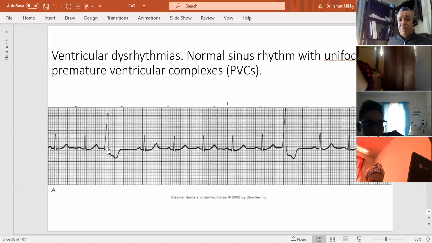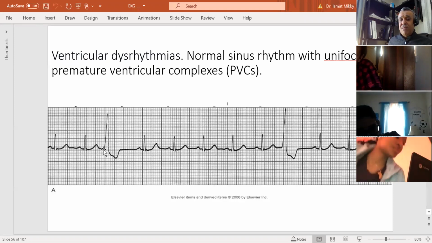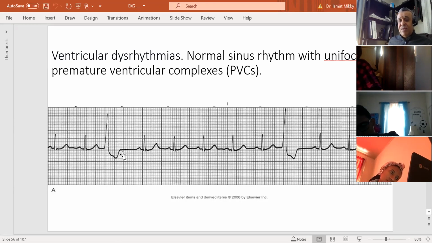So three things would identify the premature ventricular contraction or complex. First, it's not preceded by a P wave, because this is a T wave. Second, the QRS is distorted and wide, and different from the rest of the QRSs, the normal natural ones that result from the normal conduction system, SA node, AV node, right?